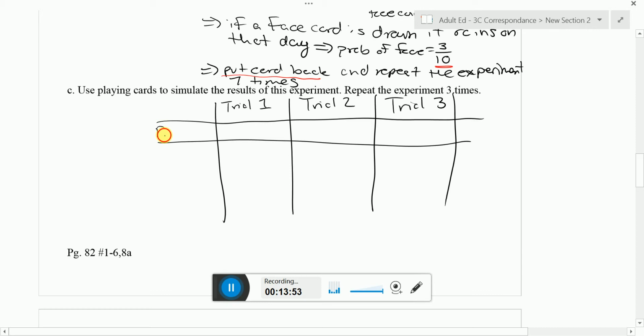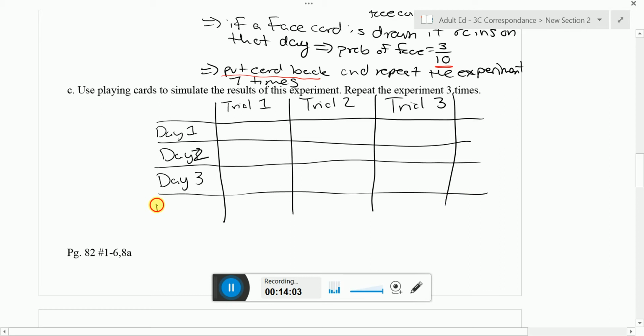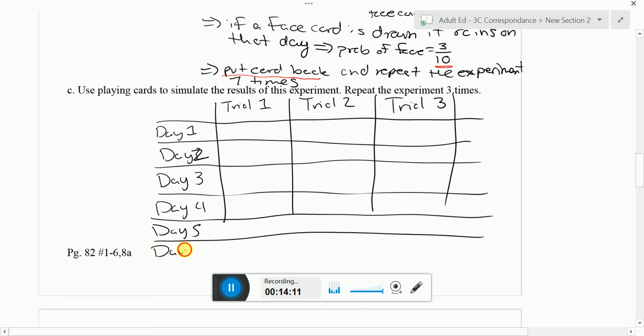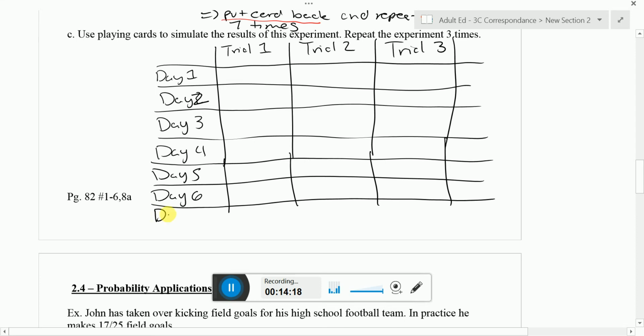I'm going to have day 1, day 2, day 3, day 4, day 5, day 6, and day 7, and then I'm going to have my total number of rains.